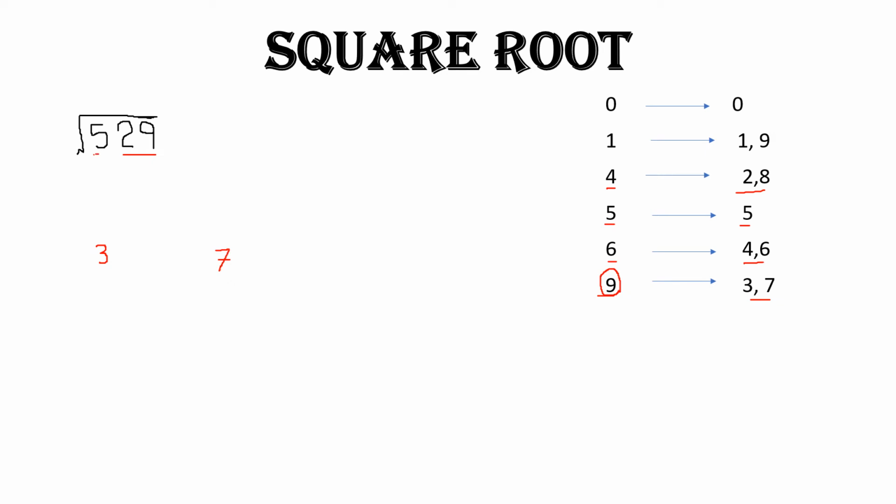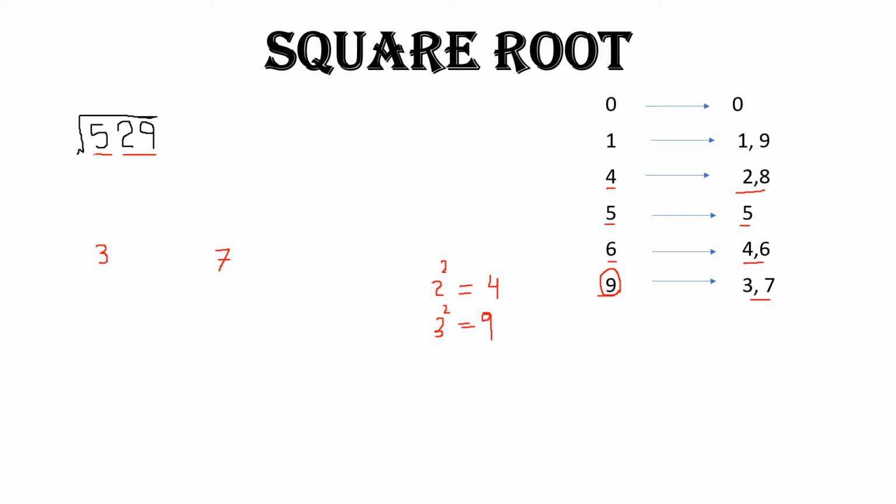Now the third step is we will check that if you take the square of 2, you have the answer 4. If you take the square of 3, you have the answer 9. You will choose the smaller number than 5, that is 4.